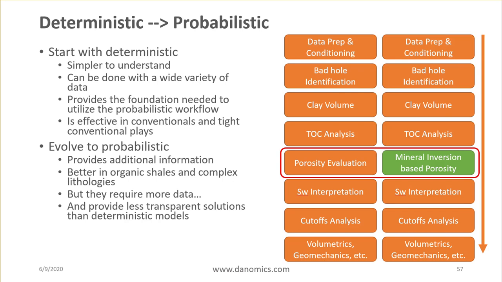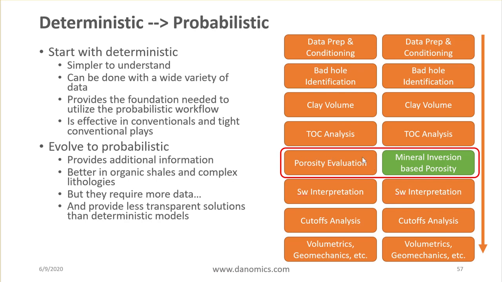Let's discuss the deterministic workflow. With the deterministic workflow, we start by preparing our data and getting it ready to use. We do an interpretation of bad hole, we find where there are washouts, and we repair those. Then we move into a clay volume interpretation, and we do a TOC analysis.